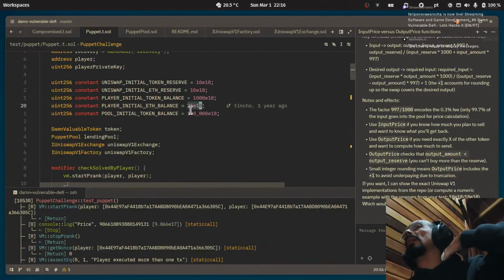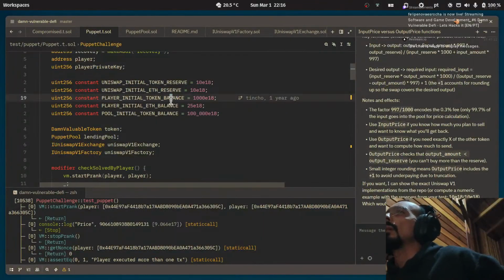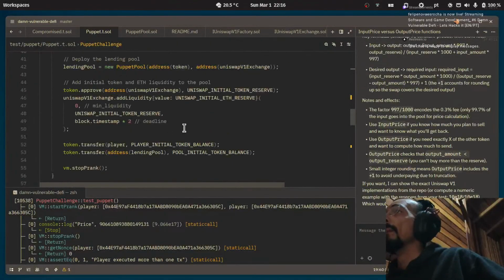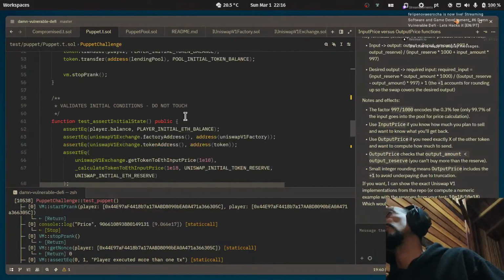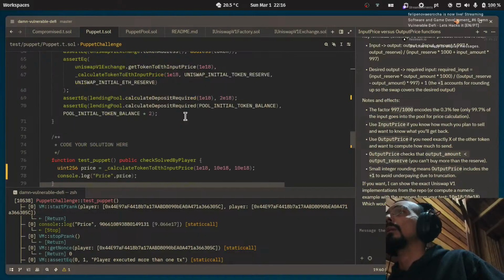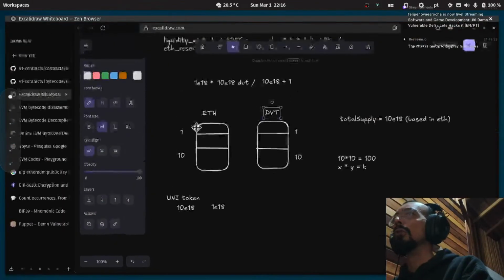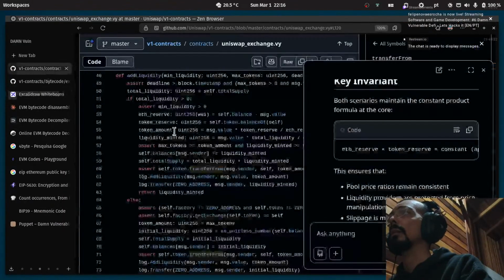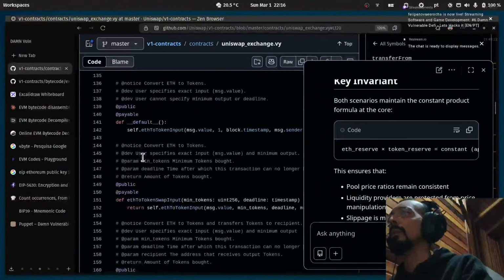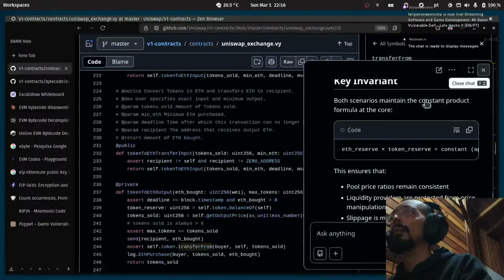So let's try an initial token. I have 1,000. That's a lot. So what I want to do, I want to take out Ethereum. I don't remember what's the function to call. Let me check. I don't want to remove and add liquidity. I want to do some swaps. I guess they have swaps here.